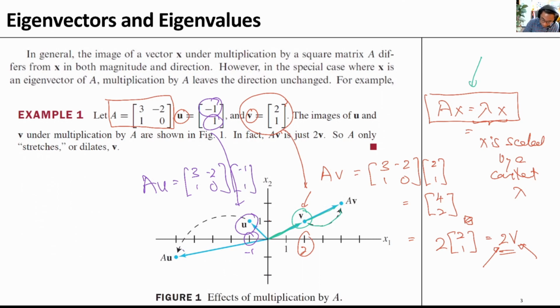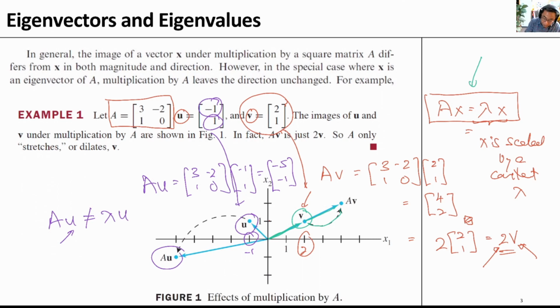You will get this value here, which is -5, -1. Now, there is no constant such that AU is that constant times U, and therefore, of course, algebraically, you know that U is not an eigenvector. What about geometrically?